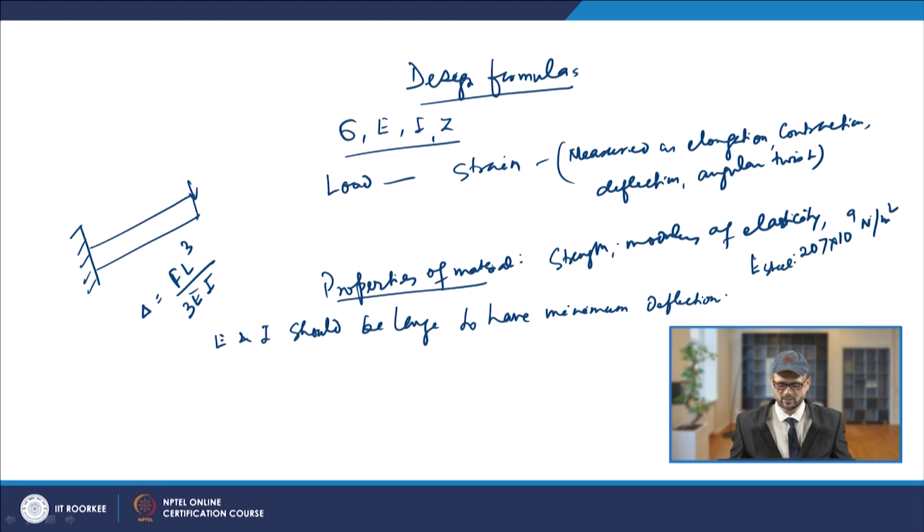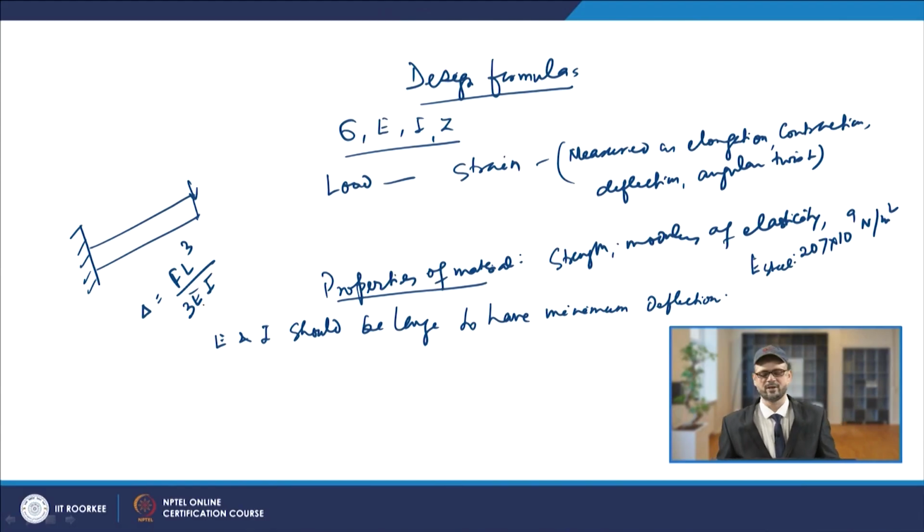Similarly, another is I, that is your moment of inertia, and that will depend upon the different types of cross section of the material. Another factor which goes into consideration is the cost while you are making the different cross sections.